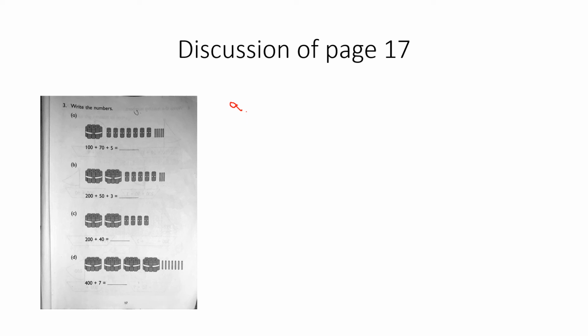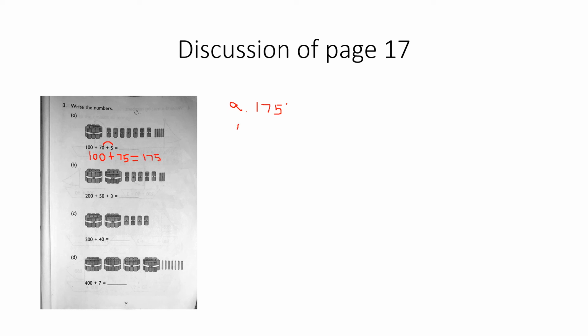So 70 plus 5 is 75, and 100 plus 75, that's 175. There you go. Think of it like this. This is 100 plus 70 plus 5 equals 75, and that's a total of 175. That's one way to do it.